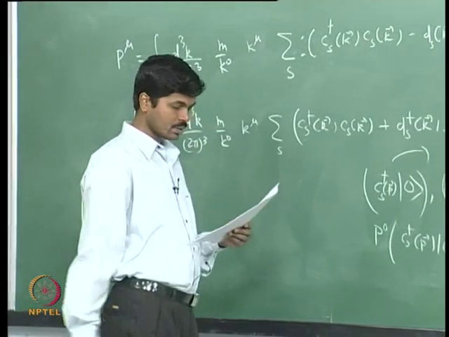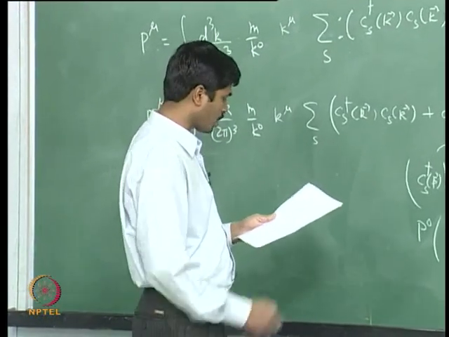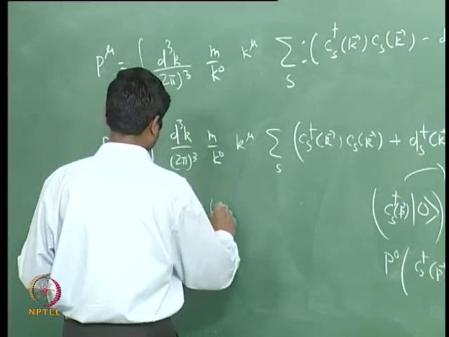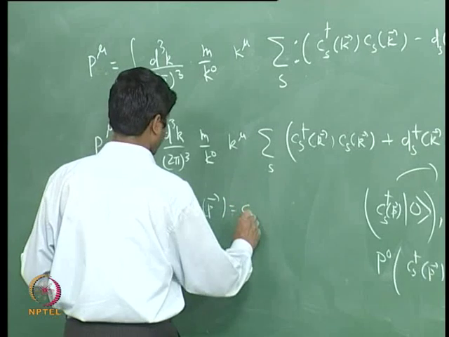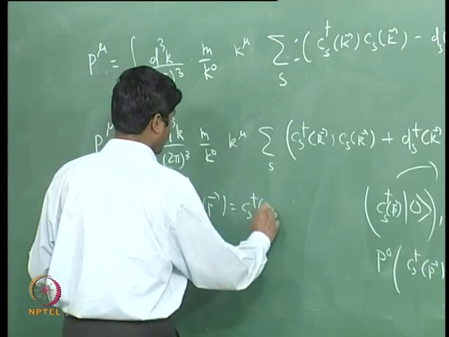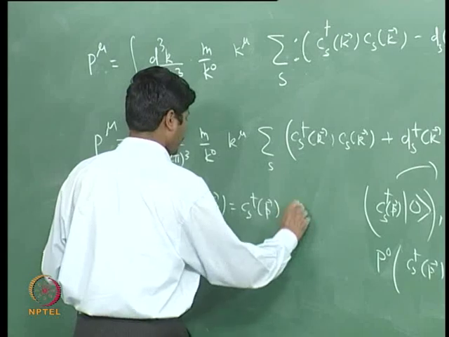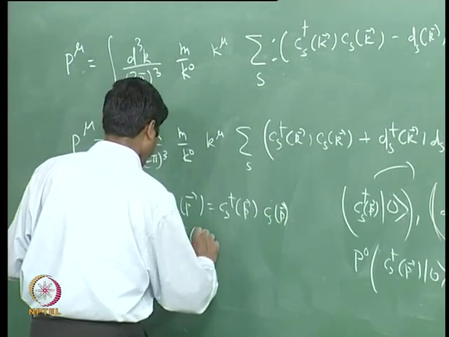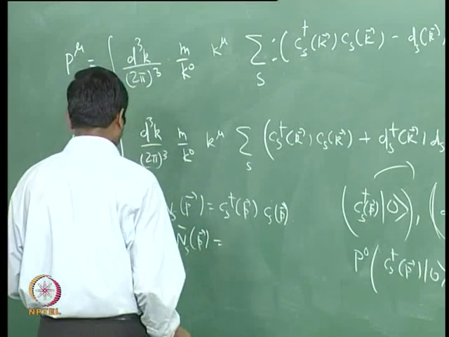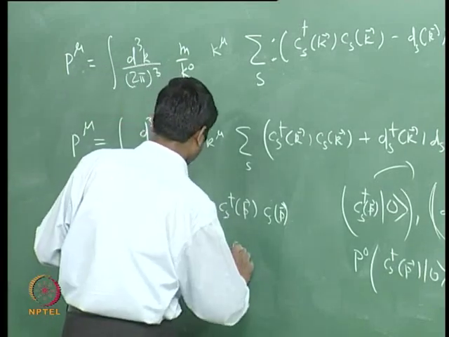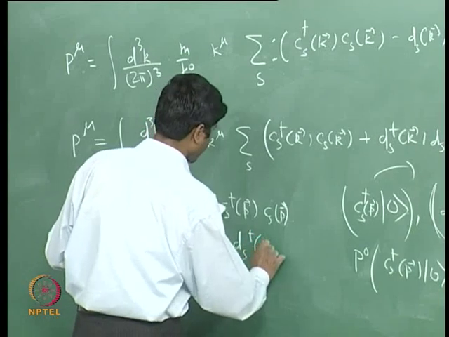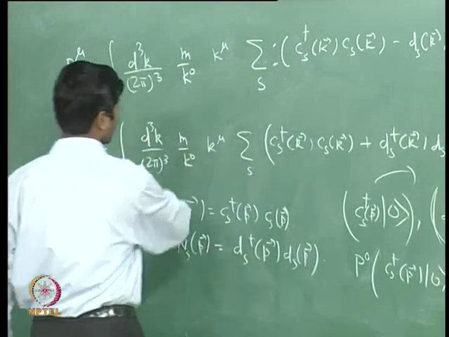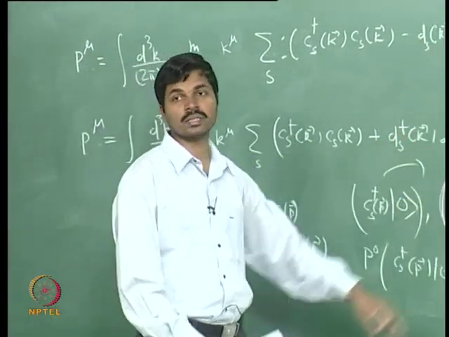You can write it in terms of the number operator. For example, you can introduce N_s of p equal to C_s dagger p C_s p, and N_s bar of p to be the number operator for the antiparticles, d_s dagger of p d_s of p, then this will have simply N_s plus N_s bar.